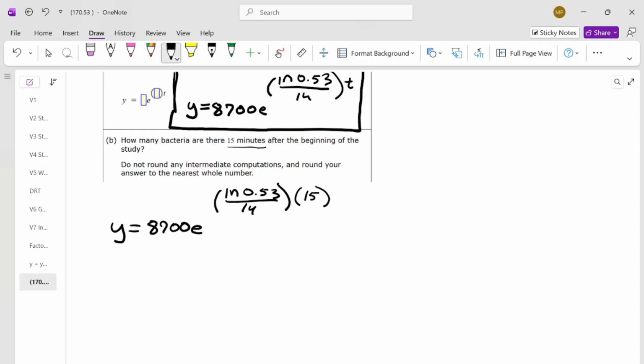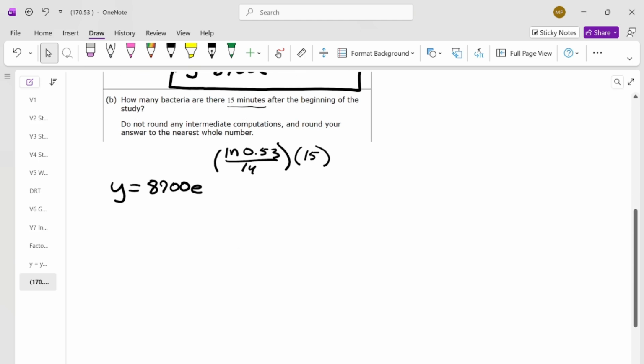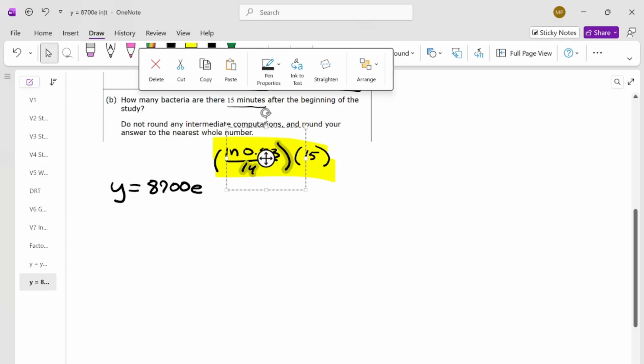Okay, now all we really have to do is use our calculator and plug in this number, ln of 0.53 over 14 times 15. And we end up getting a number that I already put in my calculator earlier.